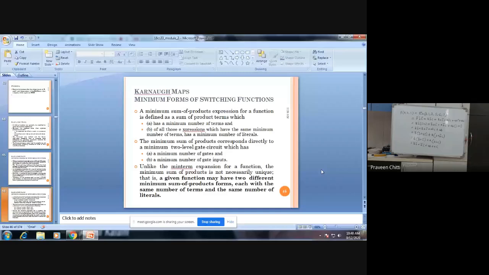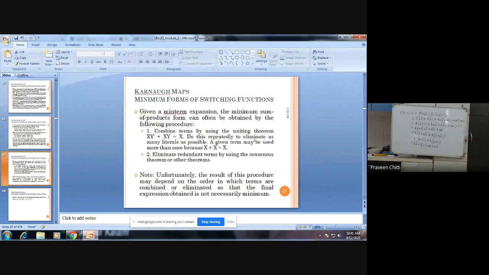Here in your syllabus, we are going to discuss three types of K-maps: two variable K-map, three variable K-map, and a four variable K-map. Right? So we'll see one by one how we can use the K-map for different functions.